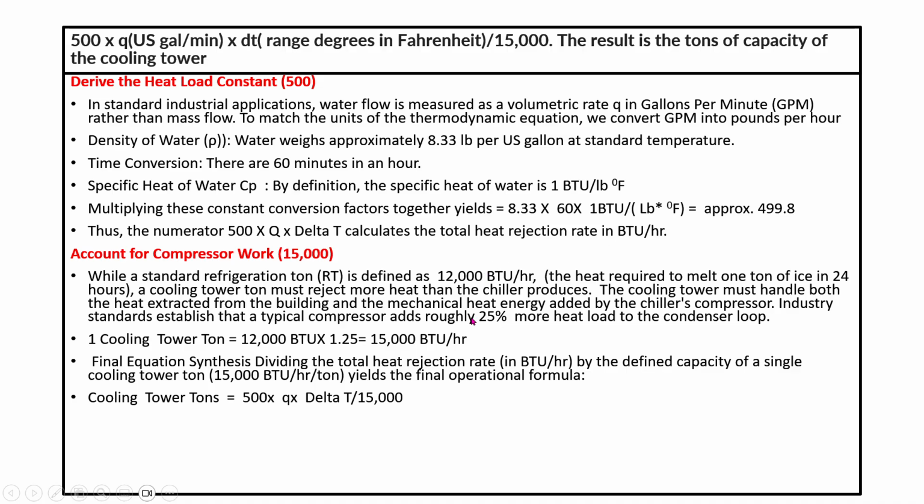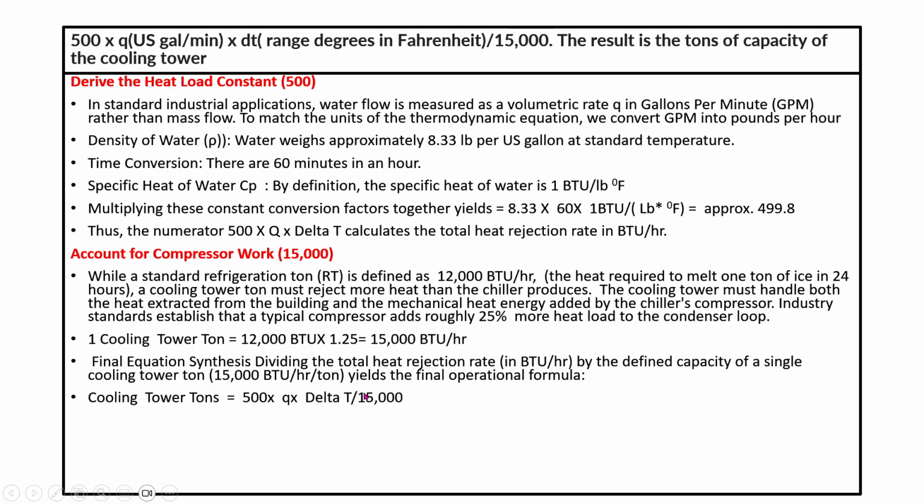But in a cooling tower it is slightly more, because the cooling tower itself, due to its manufacture, will take some heat. That's why 25% more heat you have to add. That is 12000 into 1.25, that is 15000 BTU per hour.